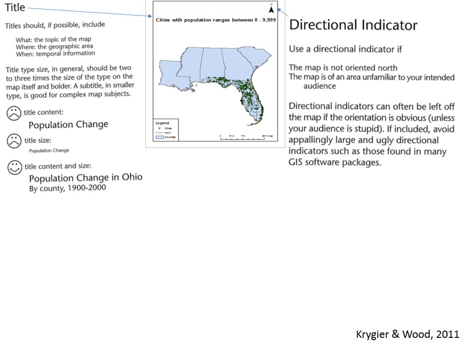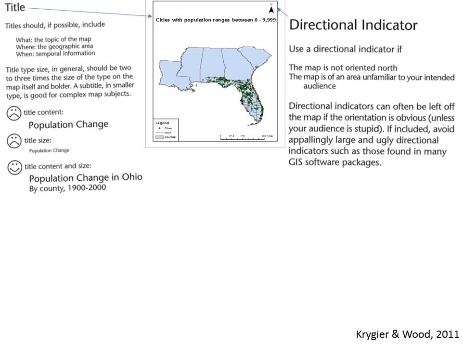This is a relatively minor point, but having a north arrow, if you're presenting a map for an audience which may not be familiar with the area, like folks in Central Africa, they might not know that what you're looking at is Florida. So it might be helpful to include a north arrow.